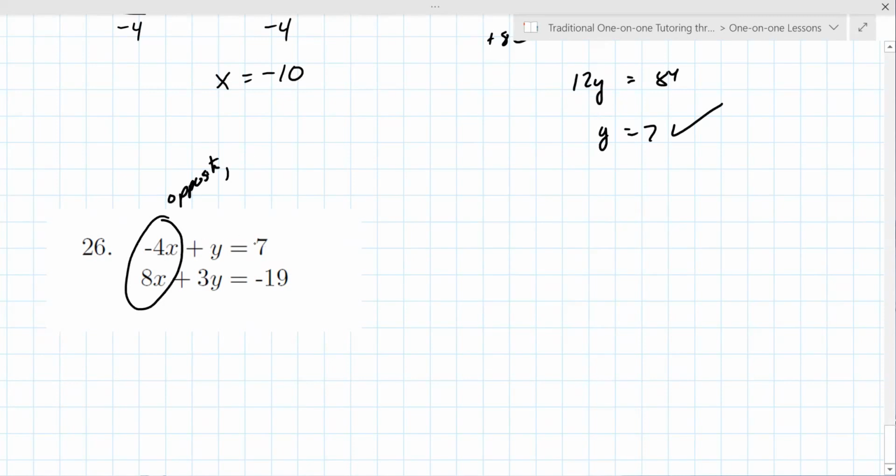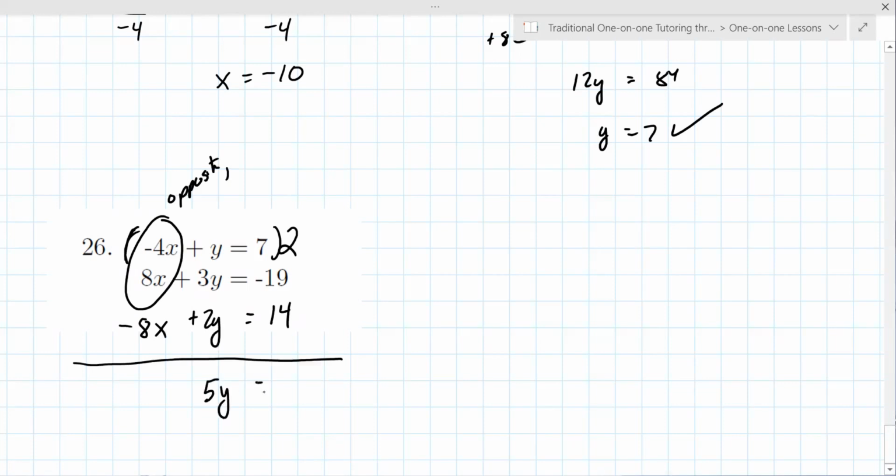You could multiply the first equation by minus 3y to cancel the y's, but when they're already opposite in sign, why not just multiply by 2 to get minus 8x plus 2y equals 14. Okay. So now you can add them together. The x's cancel, the y's remain. 5y equals minus 5. Y equals minus 1.